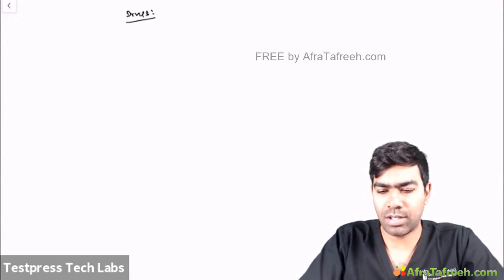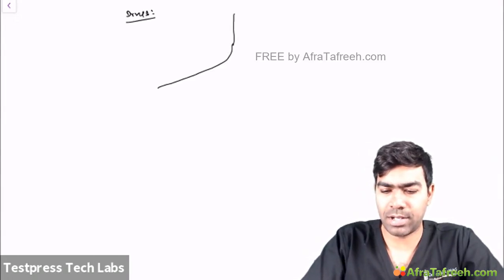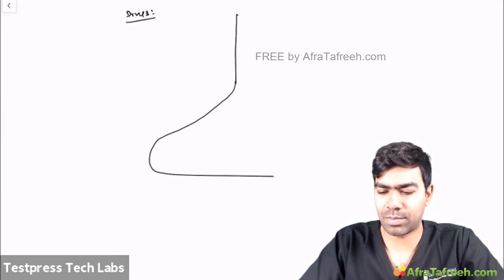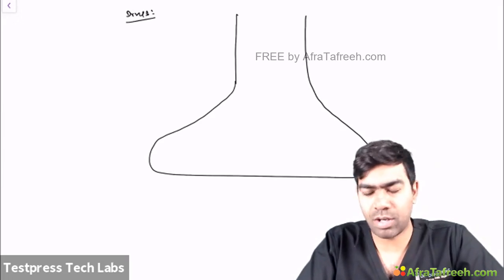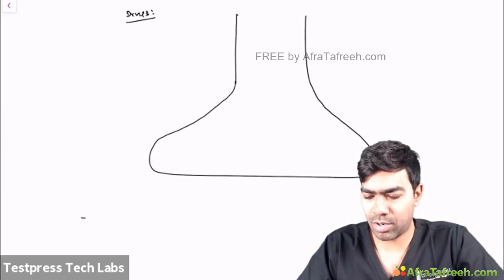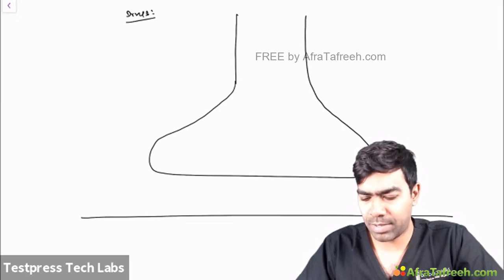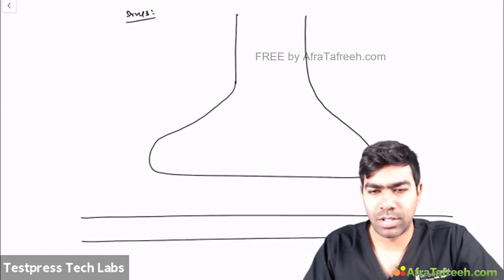So let us draw the presynaptic terminal. This is a kind of a diagram you will see in many pharmacology textbooks. Let us understand it easily. So this is sort of a presynaptic terminal, and I can draw the postsynaptic terminal maybe here. So this is a postsynaptic terminal.